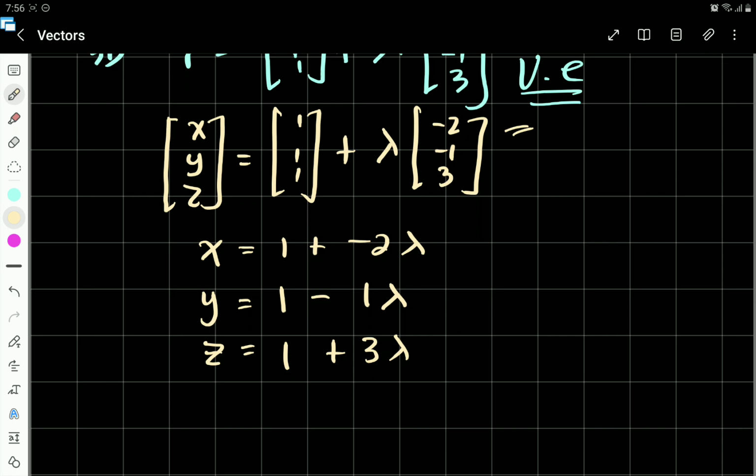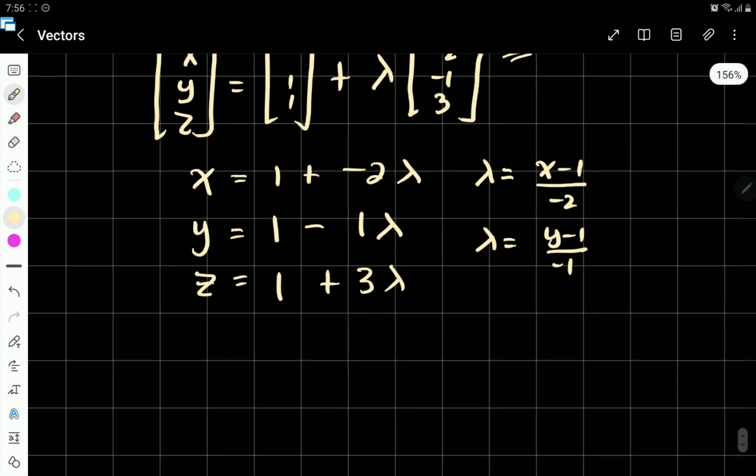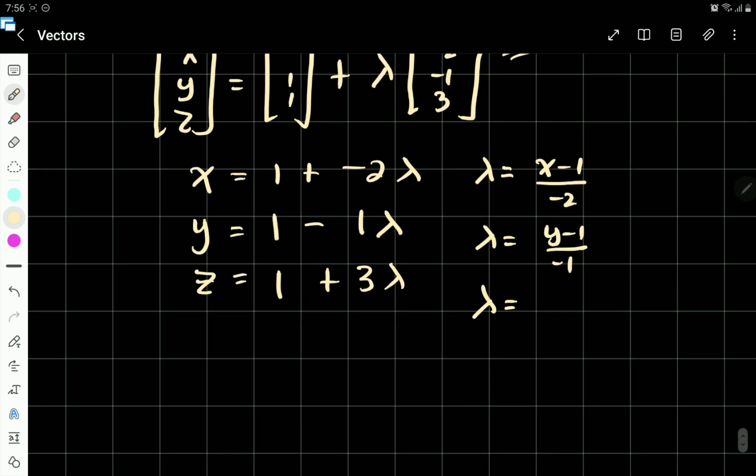Or what you can do if you want, you can solve for λ. The λ is going to be equal to (x - 1)/(-2). The λ here is equal to the second one, (y - 1)/(-1). And then the λ here is equal to (z - 1)/3.